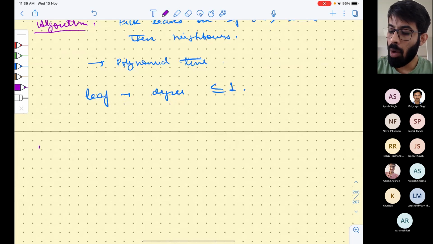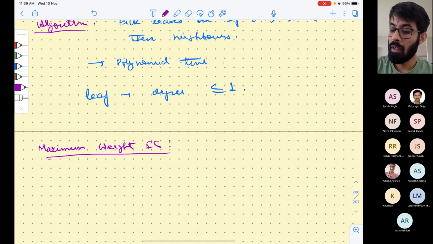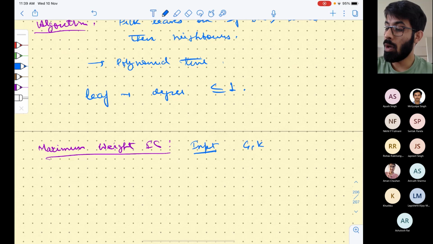In fact, there is another problem that can be solved on trees, for example, which is maximum weight independent set. So your input is G, K, and a weight function from vertices to, let's say, positive reals.